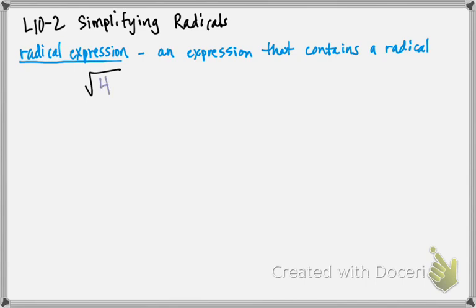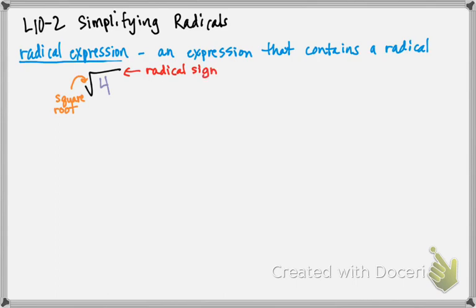Okay, so when we're looking at this particular radical, notice that we don't see a number here, so that means we're talking specifically about a square root. And remember that a square root is what number times itself gives you the number that's underneath this radical sign. So let me add that word, radical sign. Phrase, it's not one word.